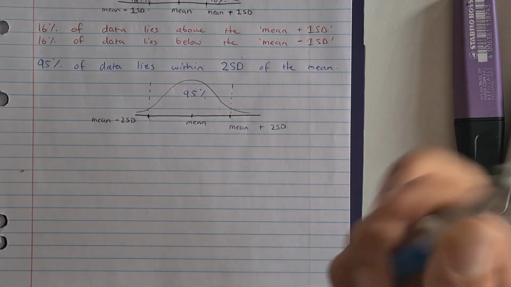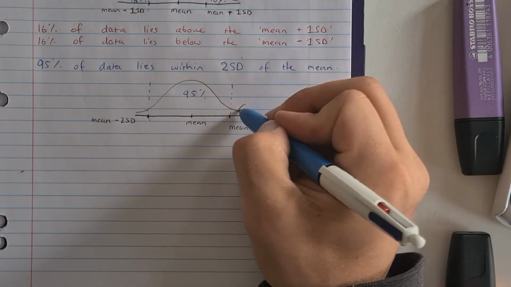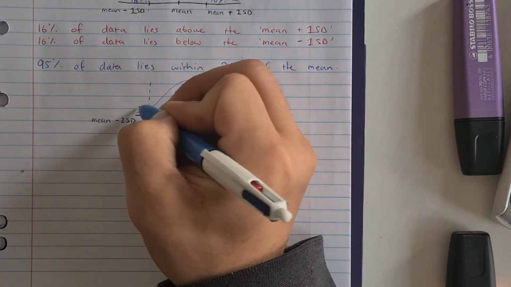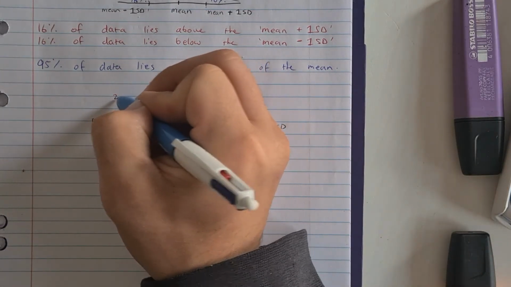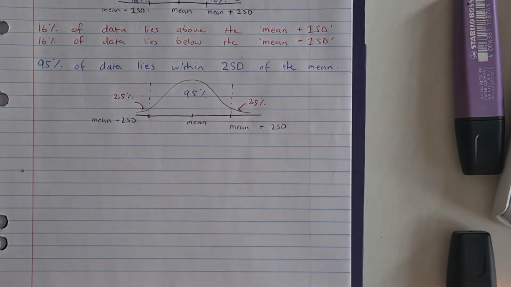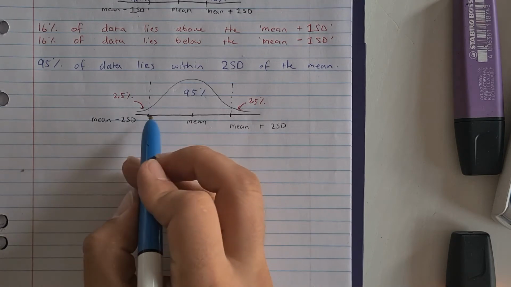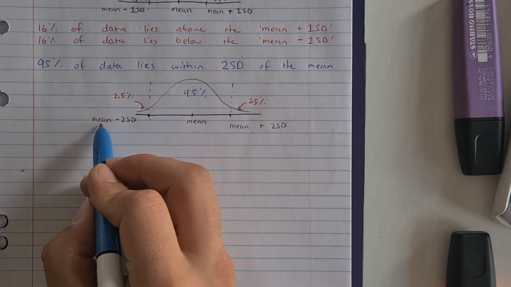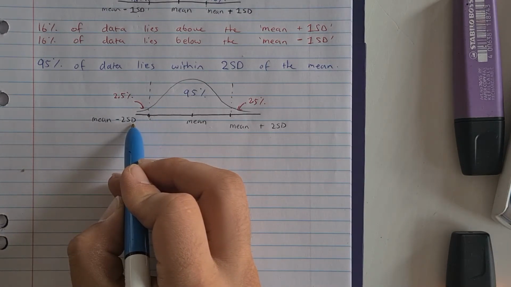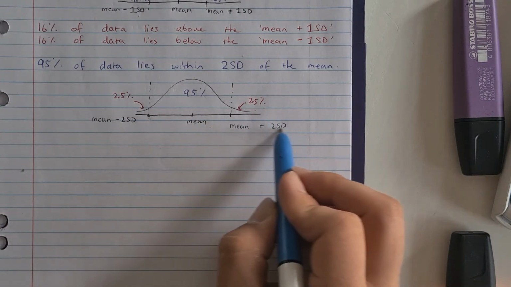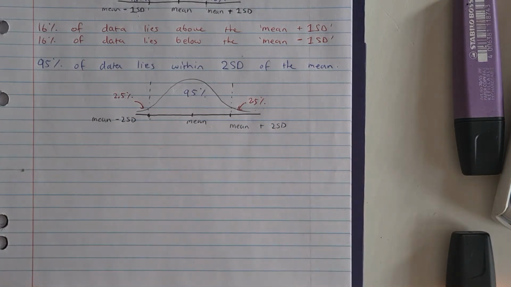Half of 5 is 2.5. So in here, we've got 2.5%. And in there, we've got 2.5%. So I can say that 2.5% of the data lies below the mean minus 2 standard deviations, and 2.5% of the data lies above the mean plus 2 standard deviations.